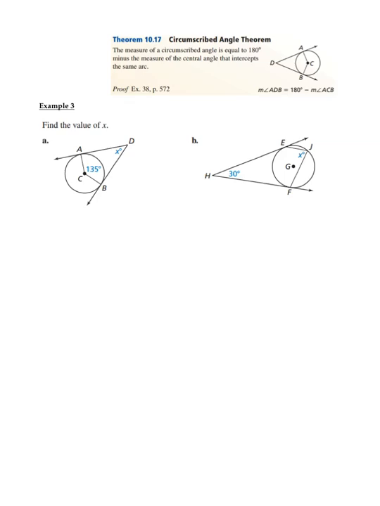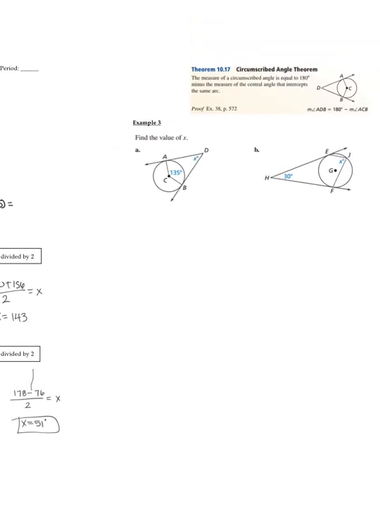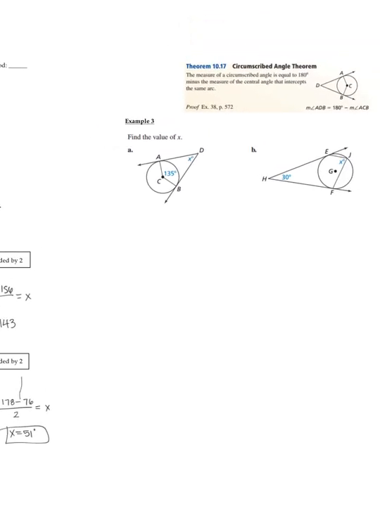All right, let's look at this example A. For example A, we are given that the circumscribed angle is ADB. In order to find the measure of ADB, we are simply going to subtract the central angle, which in this case would be ACB, right?